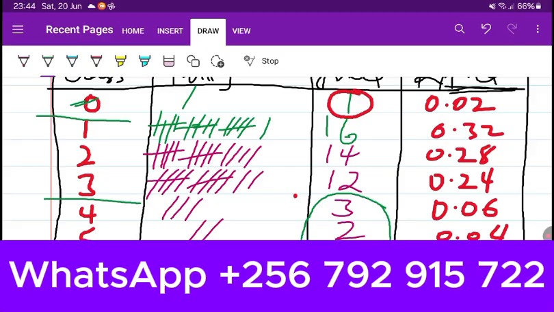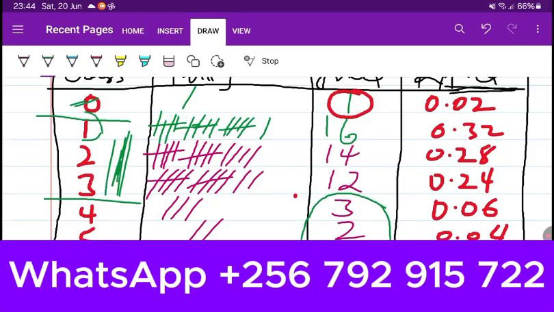But the interpretation here is that at least one person had a television. Because these were television sets, this data belonged to television sets.